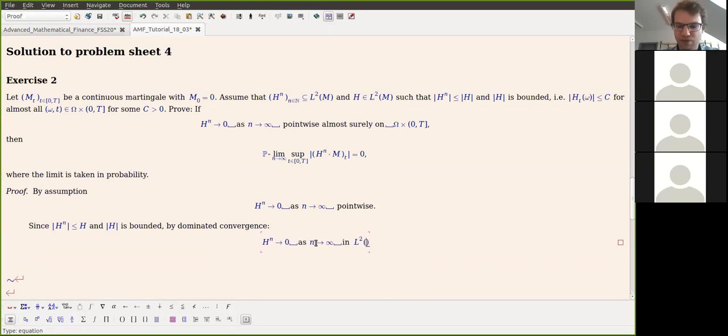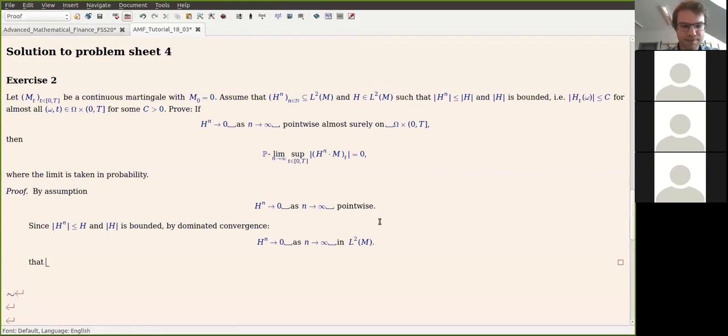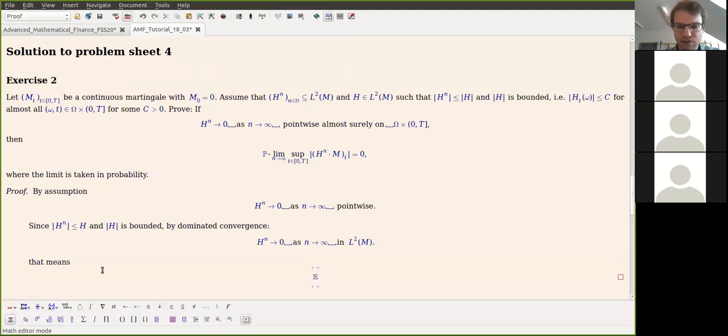Now stop me if you disagree. What it means here is that the integral from 0 to t of my integrands Hn, with the L2 norm, so I have the squares around it, and then the product measure, goes to 0 as n goes to infinity.